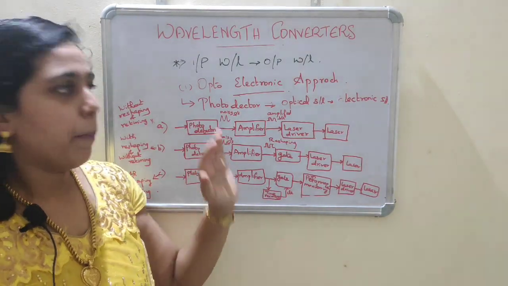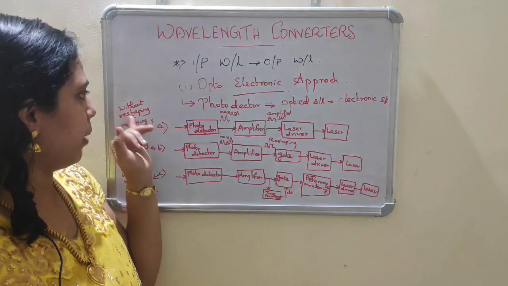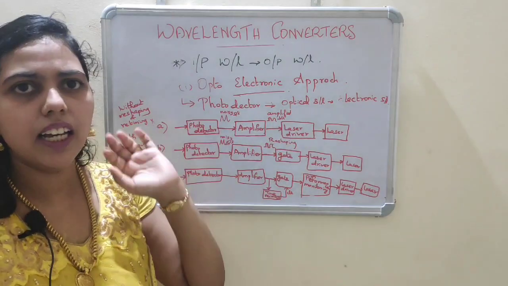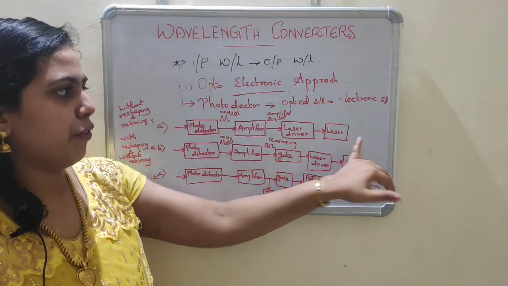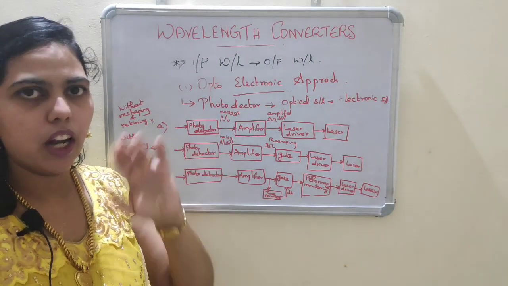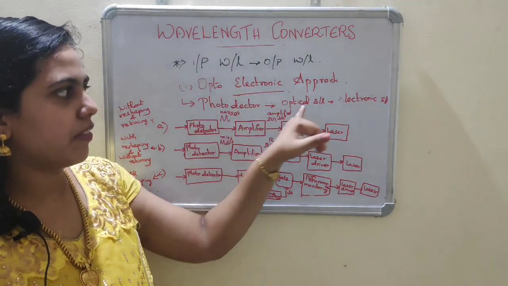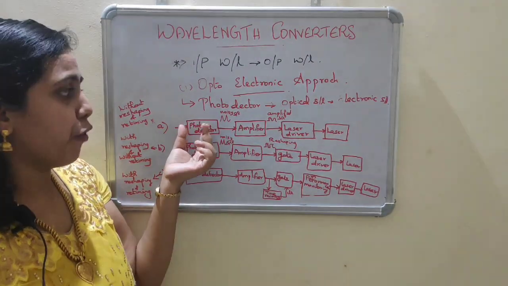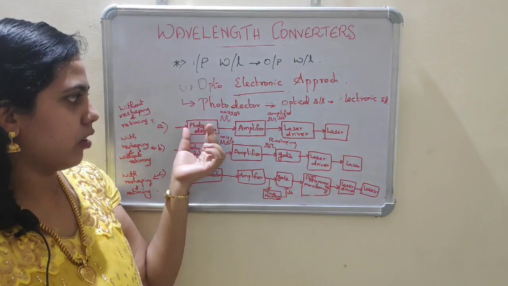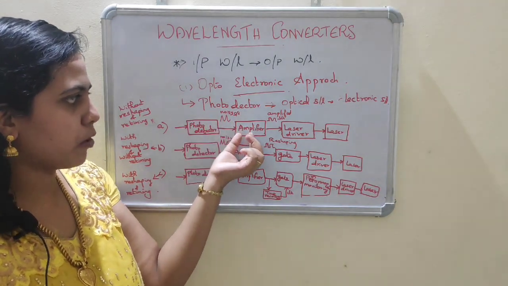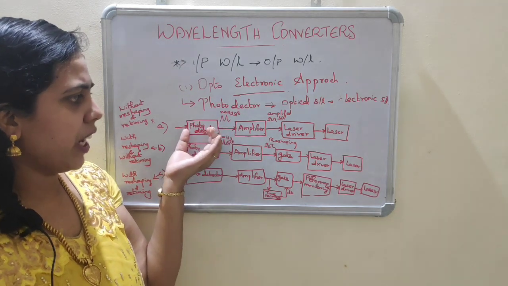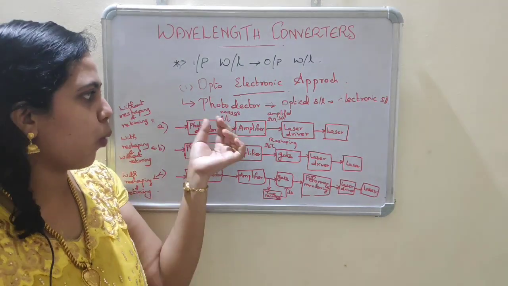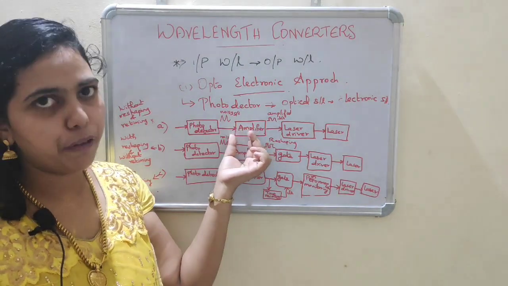Mainly in the first type, without reshaping and retiming, we use a variable input and fixed output. The photodetector converts the optical signal to an electronic signal and passes it to the amplifier. When we convert the optical signal to an electrical signal, noisy signal will appear, so in order to reduce this noise, an amplifier is used.